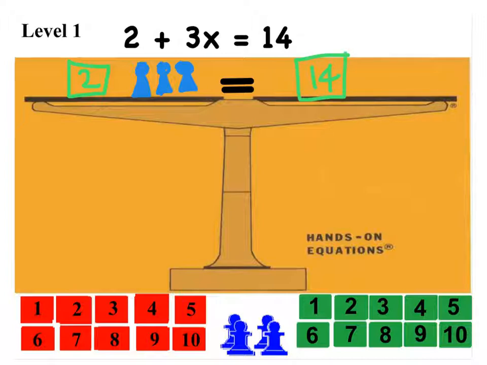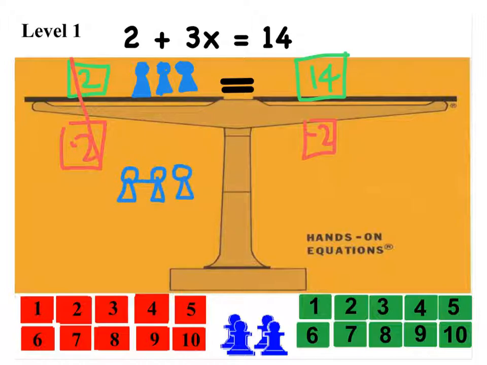Now, I want to get all of the x's alone. So I need to get rid of that 2. So I'm going to take away 2 from each side. Positive 2 and negative 2 add up to be 0. So I'm left with 3 x's on this side. And then on the other side, I have 14 minus 2, and that's going to give me 12.